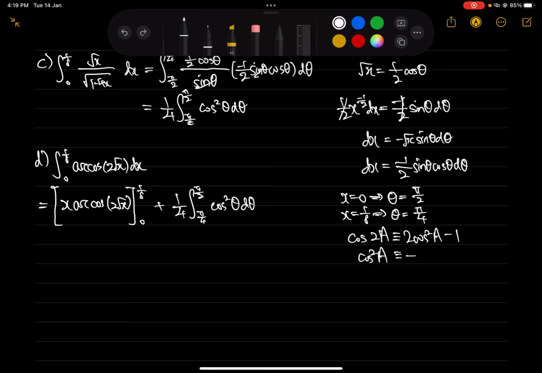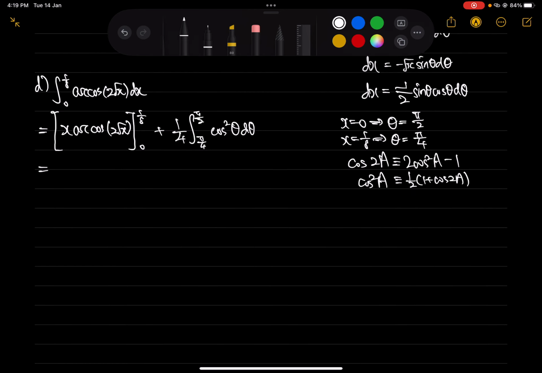Oops, excuse me there. Any toddler would know that. So first part is just 1 over 8 arc cosine 2 times root 1 over 8, so root 2 over 2, and minus 0, of course, plus 1 over 4 times 1 over 2, so that's 1 over 8.